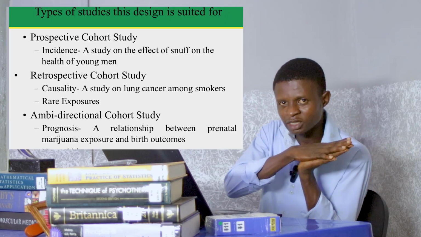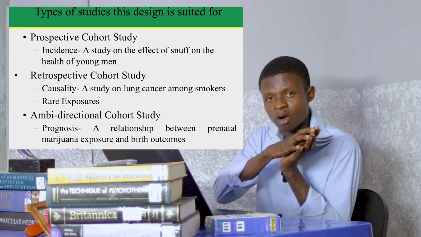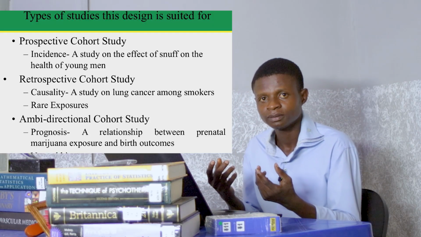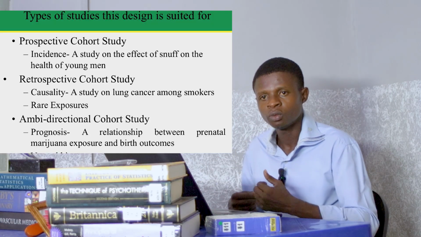And then with the retrospective aspect of cohort study, the causality, what is the cause? It's able to predict causality, the cause of the event. For example, a study on lung cancer among smokers. You recruit smokers, you look into their past, and among the smokers, how many of them have developed lung cancer?